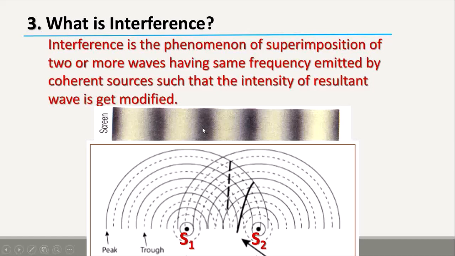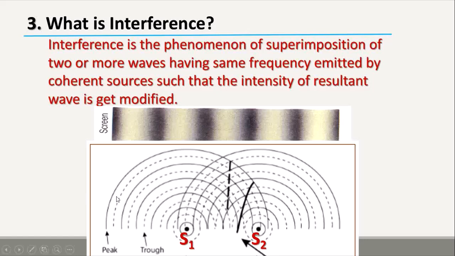These bands are called an interference pattern. Instead of just illumination, you have a pattern like this. This is called interference.